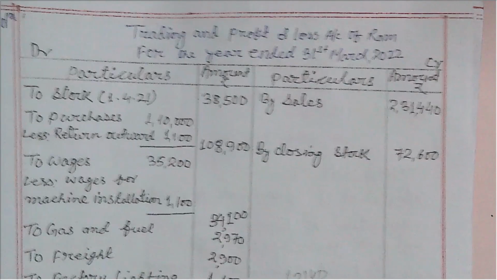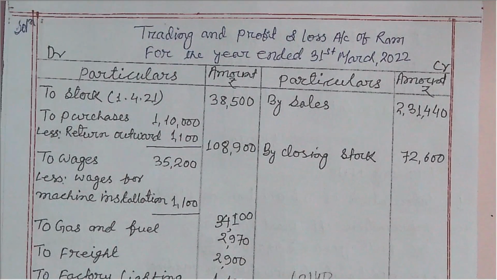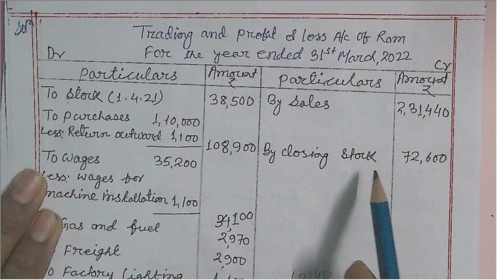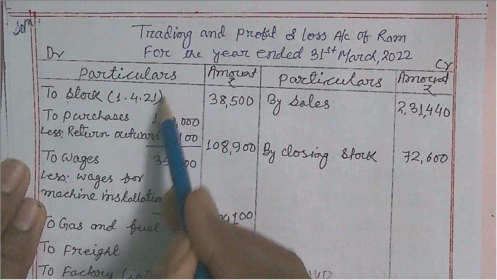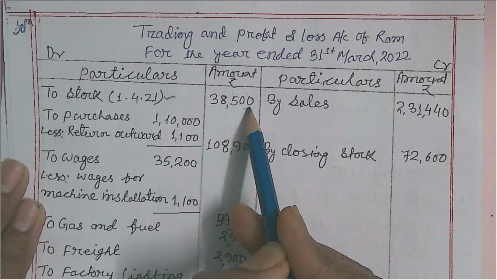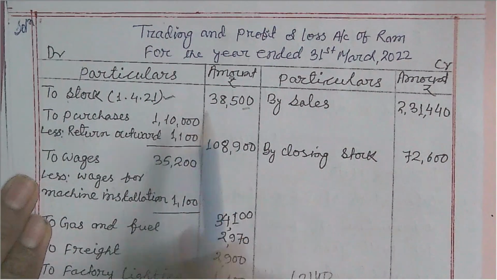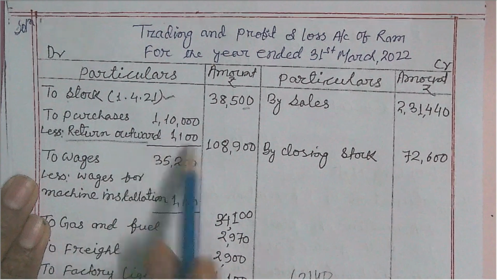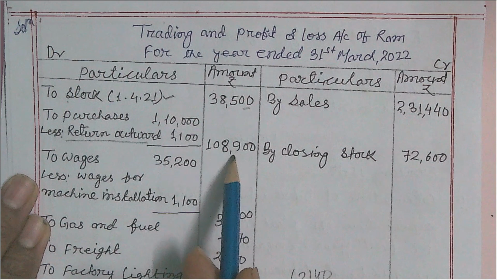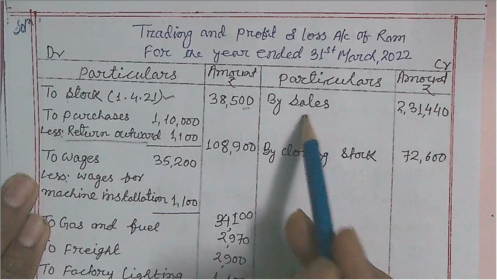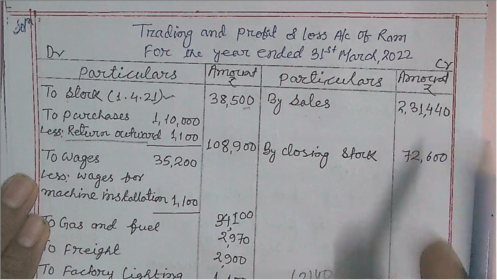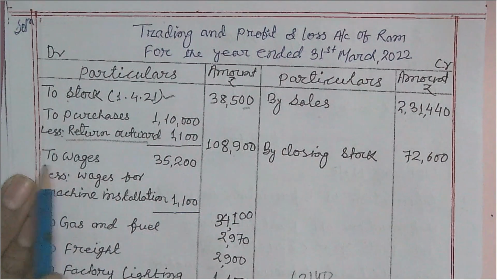Opening stock, so we always write opening stock on debit side, closing stock on credit side. Opening stock is given 38,500, and to purchase, less return outward 1,100, so after deduction 1,08,900, and by sales it is given in the question 2,31,440.